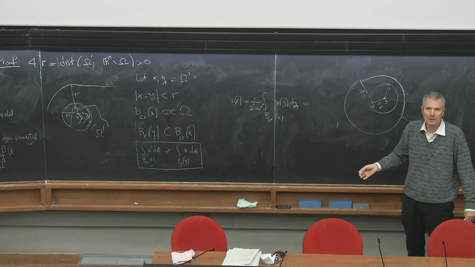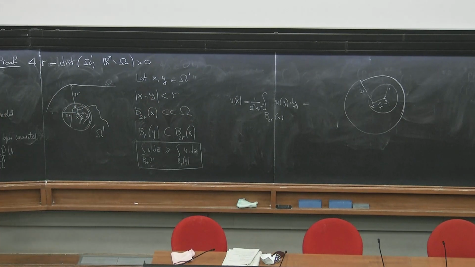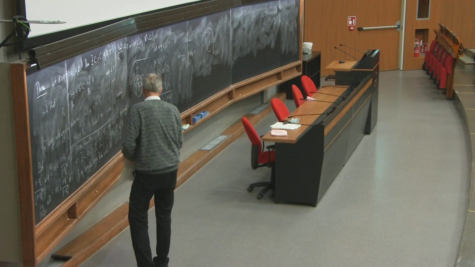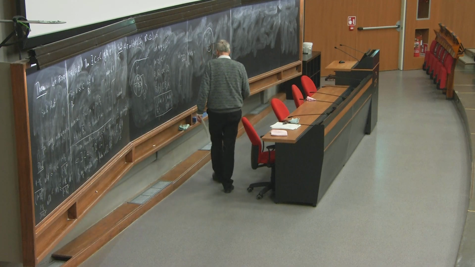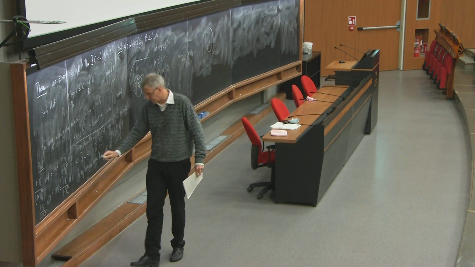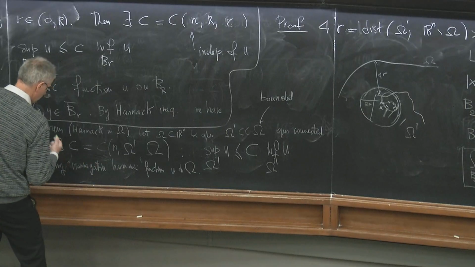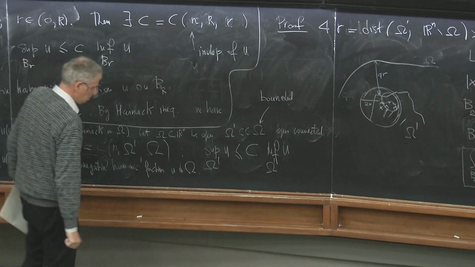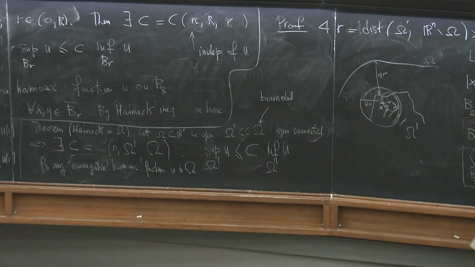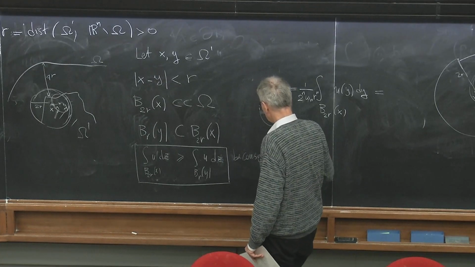It's a positive function. It's trivial once you remember our assumption: non-negative. For non-negative functions it's trivial. One just has to remember the fundamental assumption. Okay. Because u is non-negative.